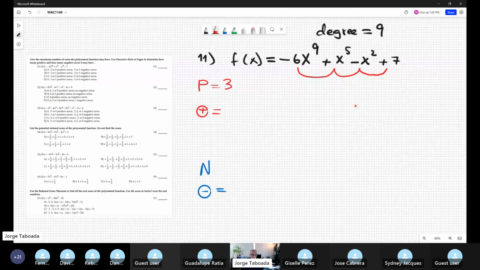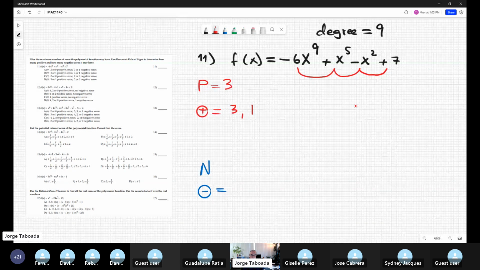So that's the rule of Descartes: you subtract 2. 3 is 3, or 3 minus 2 is 1, and that's it, 3 or 1, because 1 minus 2 is negative.